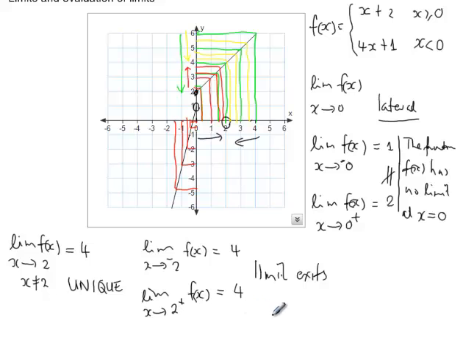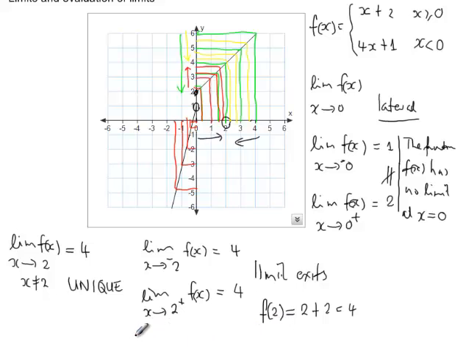Now, what is interesting about this, when the limit exists, and at that point the function is continuous, just check something here. Let's take the value of the function at 2. The expression in that domain is this one. It's actually going to be 2 plus 2, which equals 4. This is one idea which you should have gathered at school: when a function is continuous and you are calculating a limit around the point, that limit is going to be equal to the value of the function.